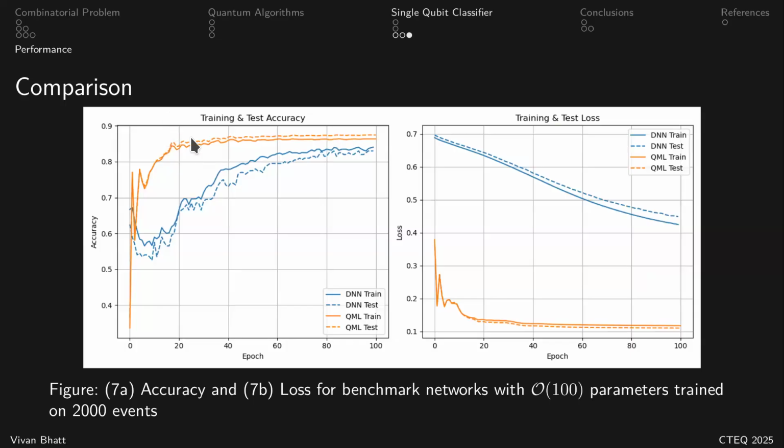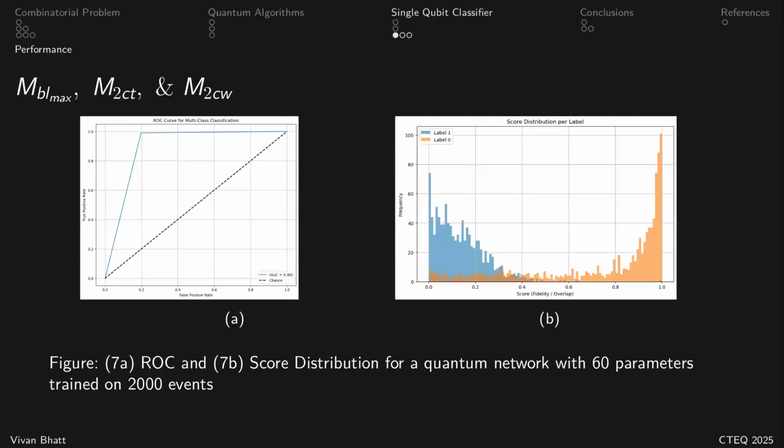The one in orange is the performance for the quantum network, and blue is for the classical one, and we see that it's actually learning much faster. Here, of course, we have used just the 3 kinematic variables, which are high-order features. So it's a relatively simple learning task.